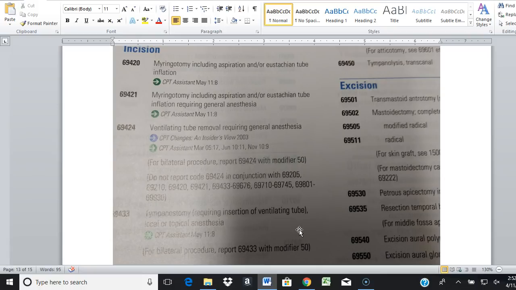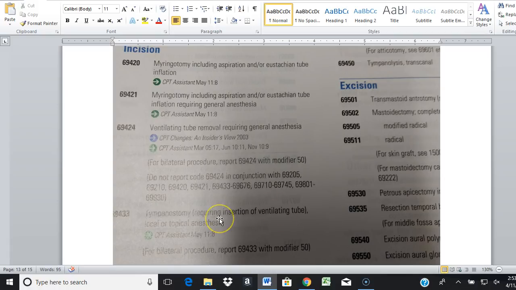So again, we need to make sure if it is a bilateral procedure that we use modifier 50. That also goes for the eyes. All of these are considered unilateral codes unless stated otherwise. So if we're just doing the right ear, we do RT. If we're just doing the left ear, we do LT. If we're doing both, we're going to use modifier 50. Same for the eye procedures as well.